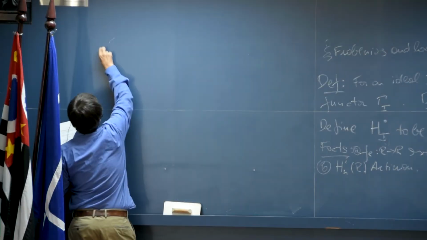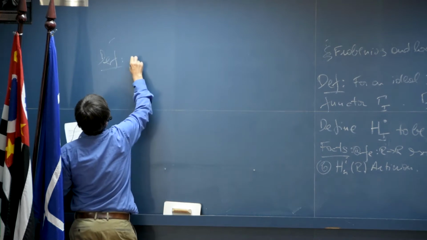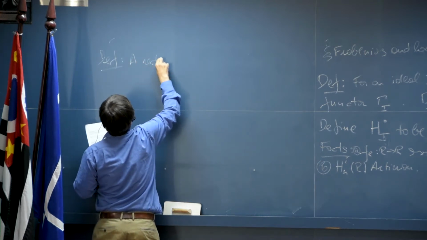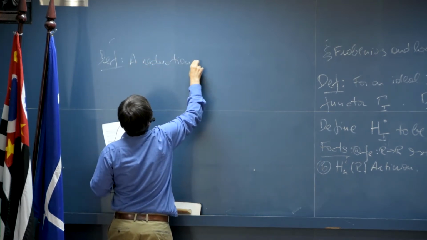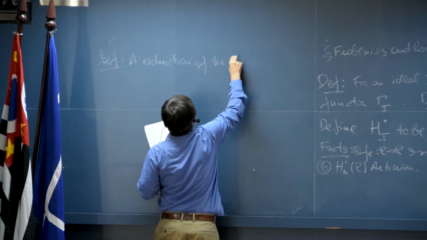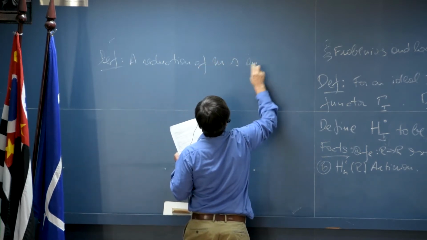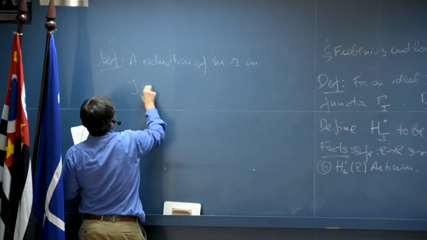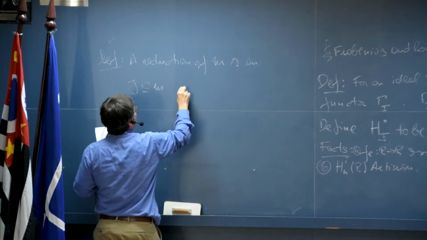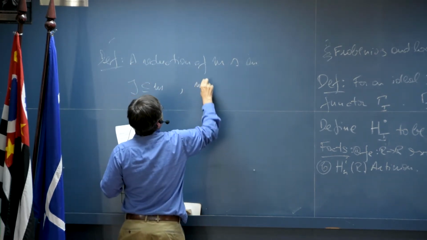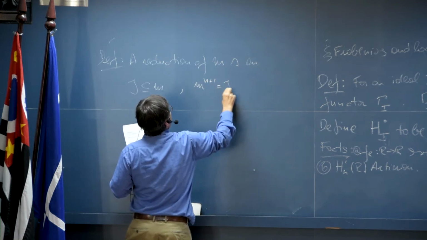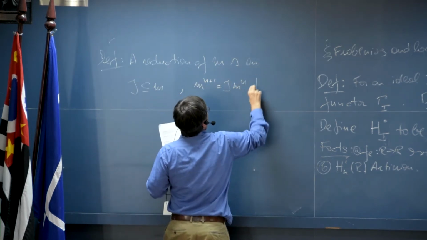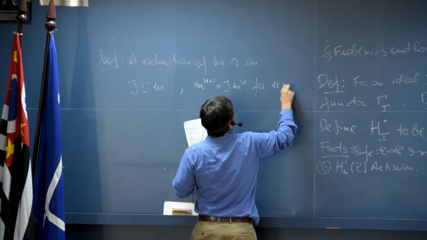Okay, let me tell you what a reduction is. A reduction of M is an ideal J that lives inside M with the property that M to the n plus 1 is J times M to the n for large n's.